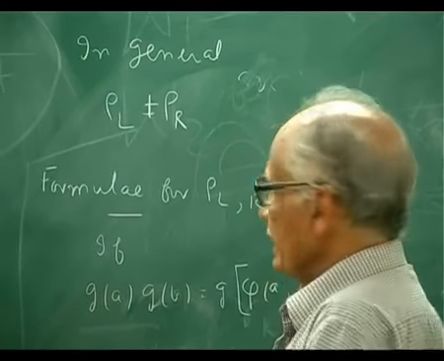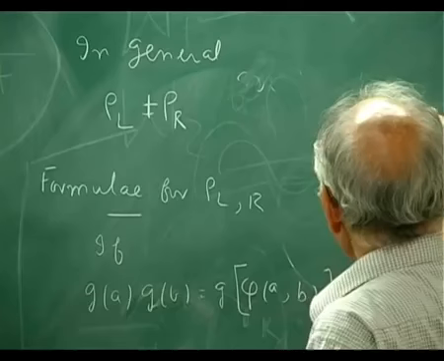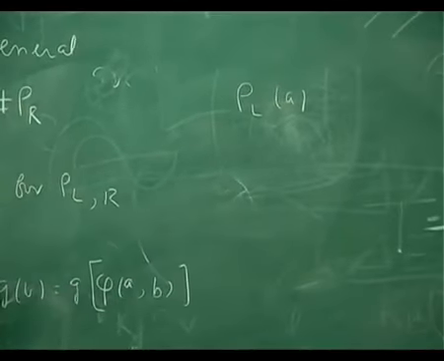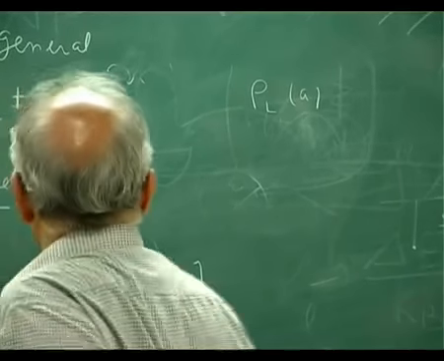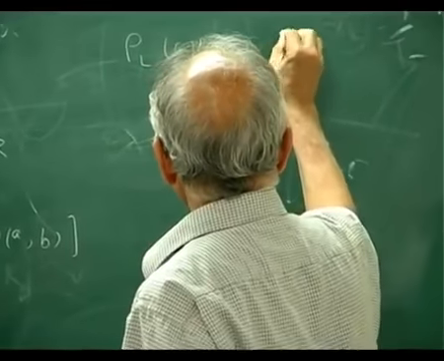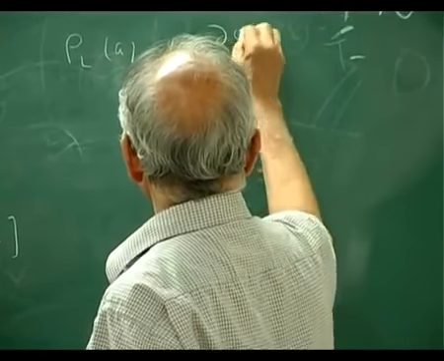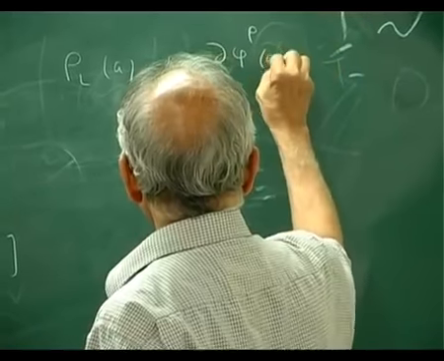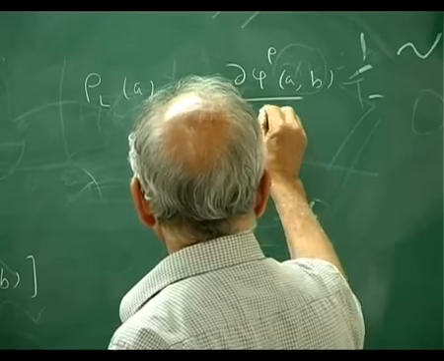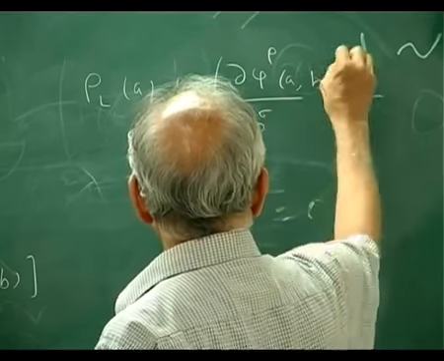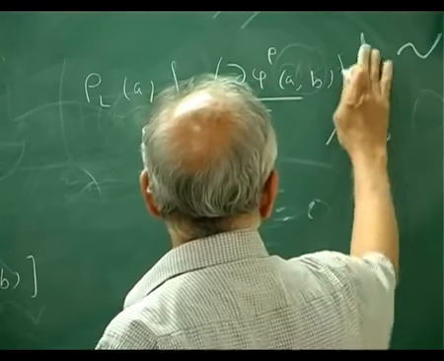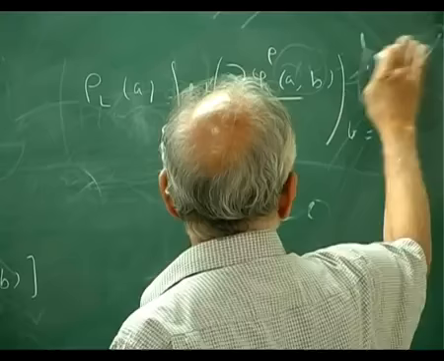Then rho L of A is the inverse of the determinant of, if phi is multi-component, phi rho of AB or D B sigma, this matrix evaluated at B equal to 0, inverted.